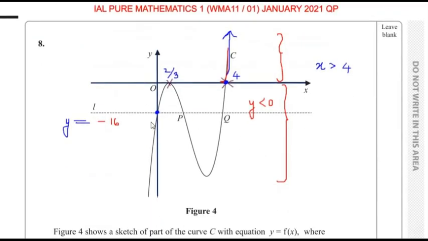Now the next hint they gave is it cuts the curve at the points P and Q. So whenever you hear or see the words cuts the curve or intersects or meets the curve, that means the equation of the line has become equal to the equation of the curve.